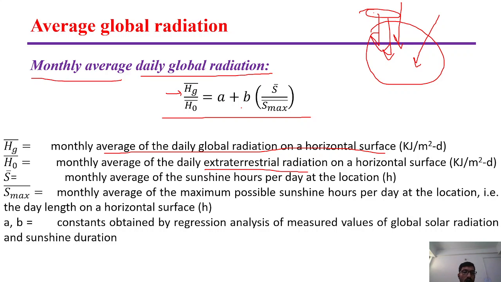A and B are constants obtained by regression analysis of measured values of global solar radiation and sunshine duration. S average is the monthly average of sunshine hours per day at the location, and S max is the monthly average of the maximum possible sunshine hours per day at the location.